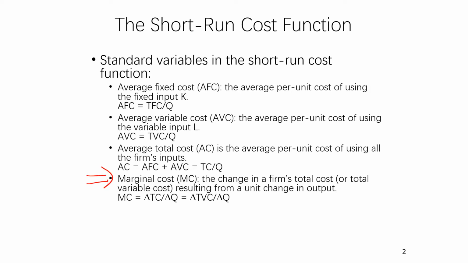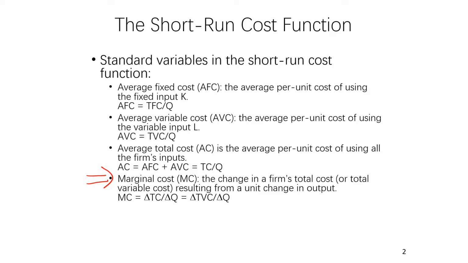So now the marginal cost is the change in the firm's total costs resulting from a unit change in output. So if output increased by 1 unit, what's the extra change of the total cost or total variable costs?